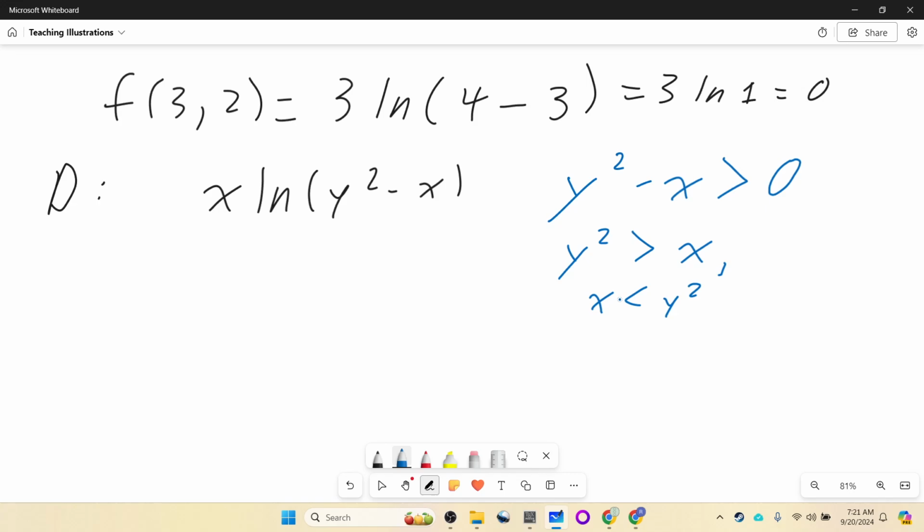Both cases, the arrow is pointed at the x. So let's define what that shape is. Oh, it's sideways like that.